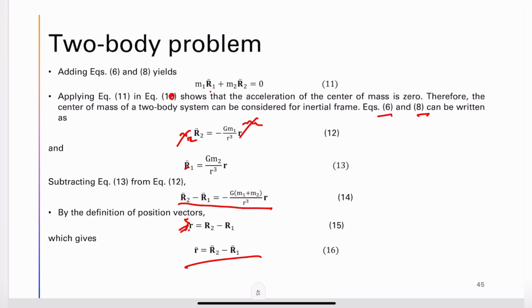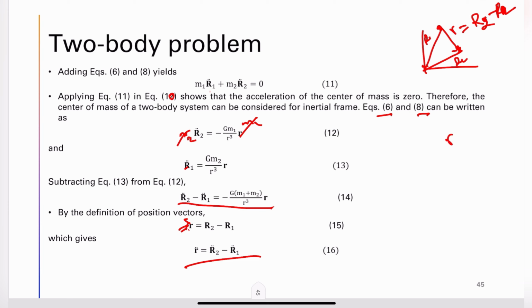I have this expression. Then by the definition of position vectors, this is r1, this is r2. This vector r is nothing but r2 minus r1.